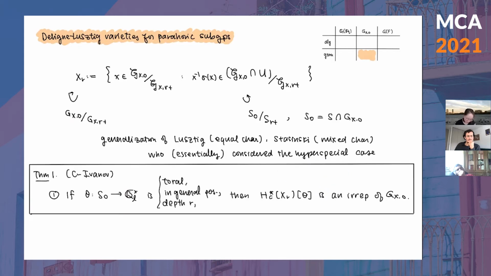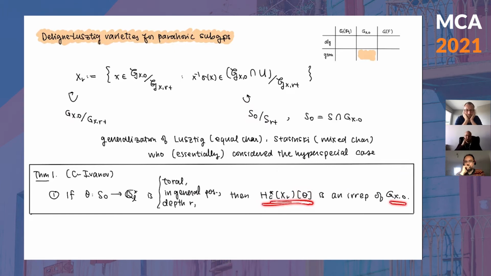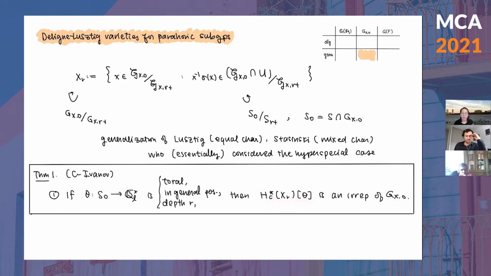And what we proved is that if I take an essentially sufficiently generic character theta of my S right here, and I consider the cohomology of this XR, and only the part where the torus acts by this theta, then I pull out a representation of GX0, and that representation I pull out is irreducible.